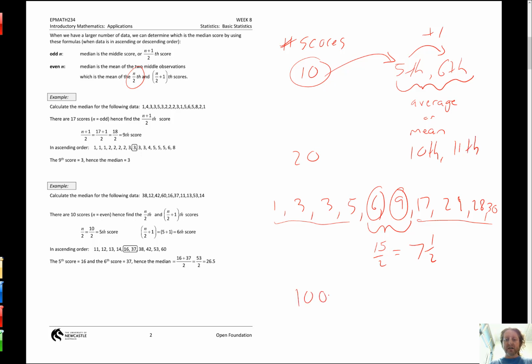If you've got 100 scores, go for the halfway, the 50th, and the next one, 51st, and average them. So there's our formulas. Odd number of scores was just one central score: add 1 and halve the number of scores. Even, we knew, was start with 2 scores, the halfway and the next one, and then find the mean of them.